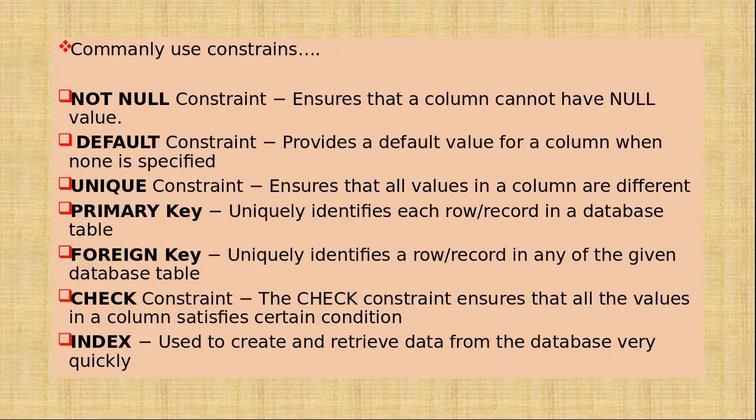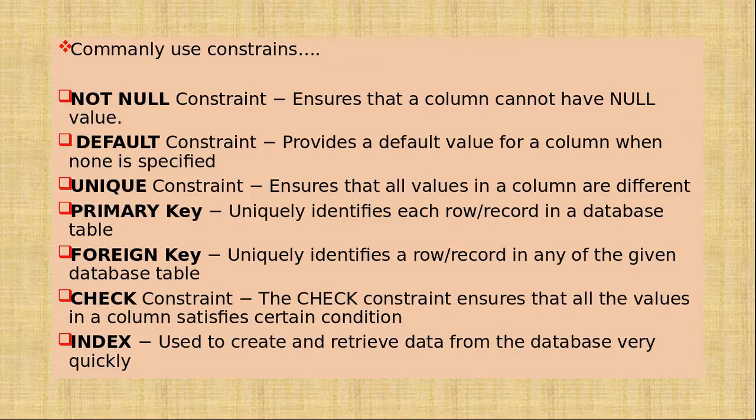Now we try to get an idea about commonly used constraints. Not null constraint. It ensures that a column cannot have a null value. Default constraint. It provides a default value for a column when none is specified. Unique constraint. It ensures that all values in a column are different.